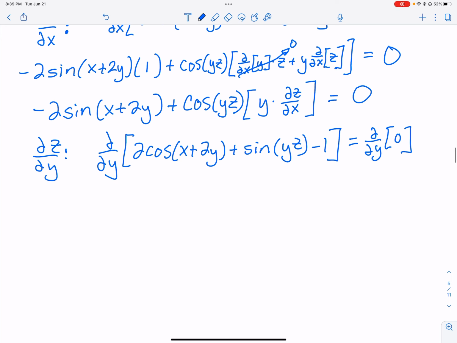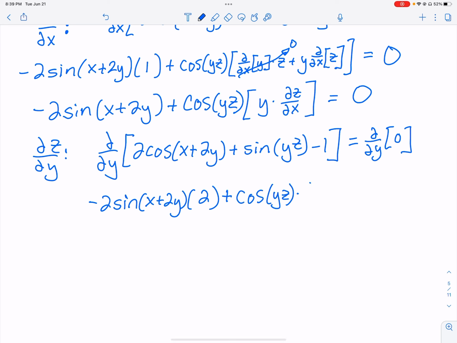We have a y in that first one, so we get negative 2 sine x plus 2y times the chain rule, so it's the derivative of your inside with respect to y. We just get a 2. Then plus cosine yz times the product rule: partial with respect to y of y times z, plus y times the partial with respect to y of z. And that equals 0.